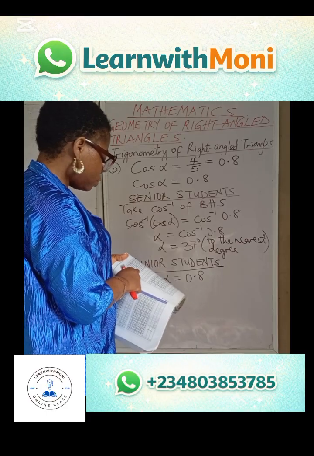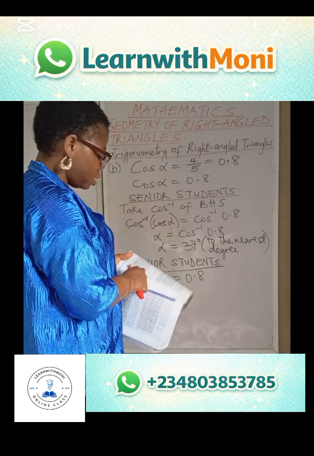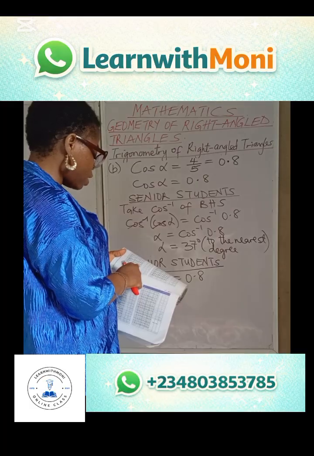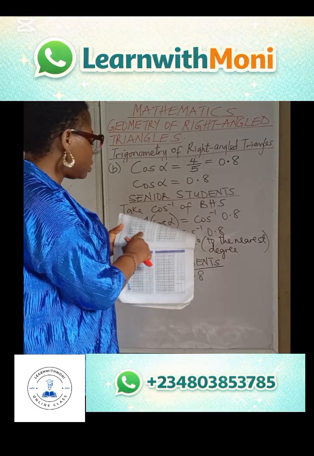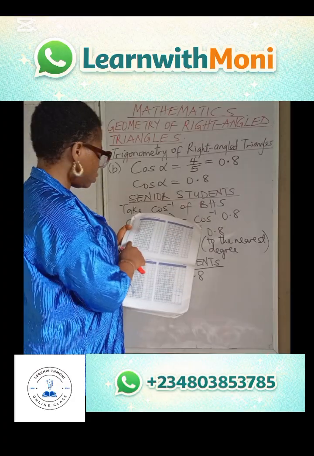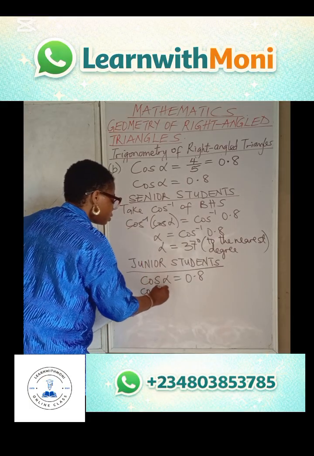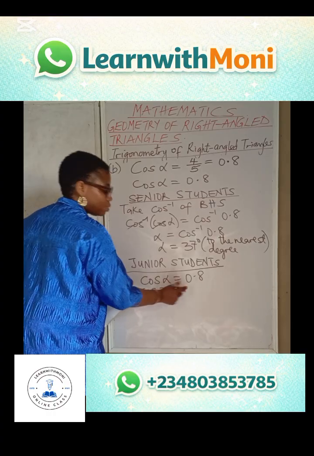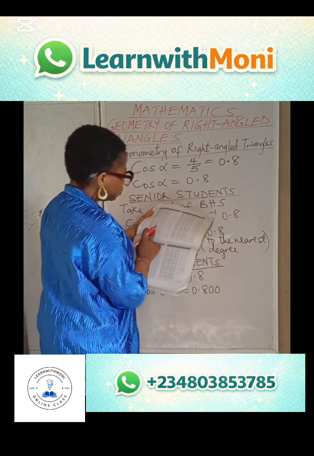So I want to take 0.8007 as the closest in my judgment here. 0.8007, and that I can find at 36 under 8. That is cos 36.8. 36 under 8, I got 0.8007.